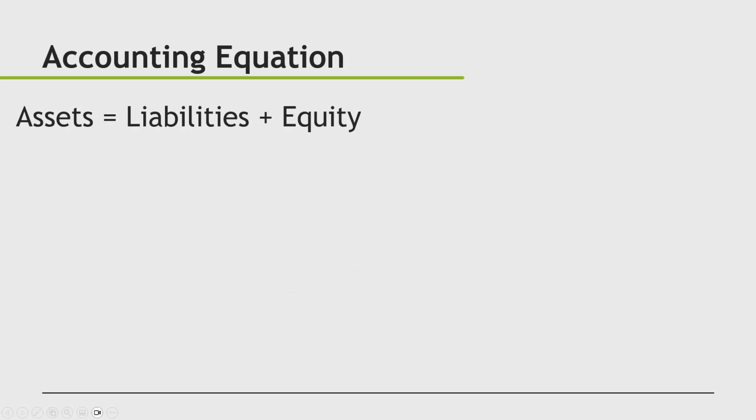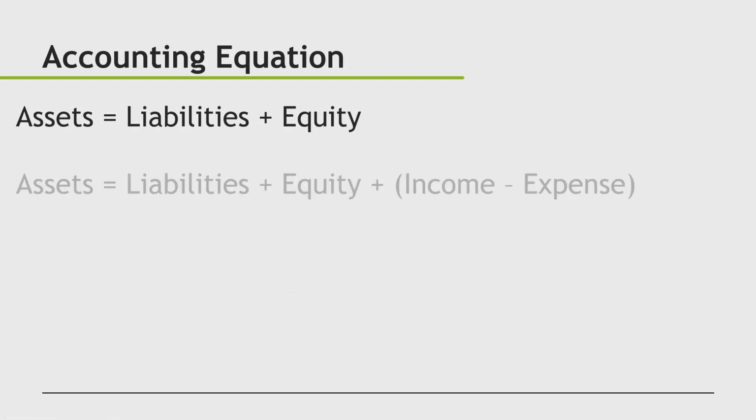Now, we can expand that concept a little bit. Your assets equal your liabilities plus your equity plus your income less your expense. So we're taking it one step further: what we own is equal to what we owe, plus the percentage of what we own, plus what we brought in, less what we spent.